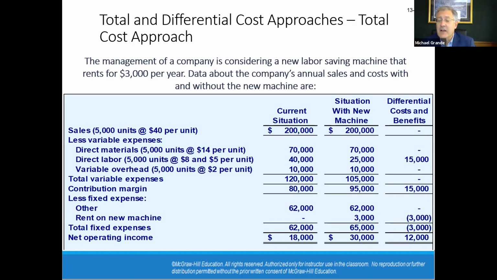So they're saving on labor by $15,000, but it's only costing them $3,000 for the new machine. So you can see net income increases by $12,000 because of the differential in costs. So in this case, it certainly makes sense to go ahead and buy that machine because of the reduction in labor costs.